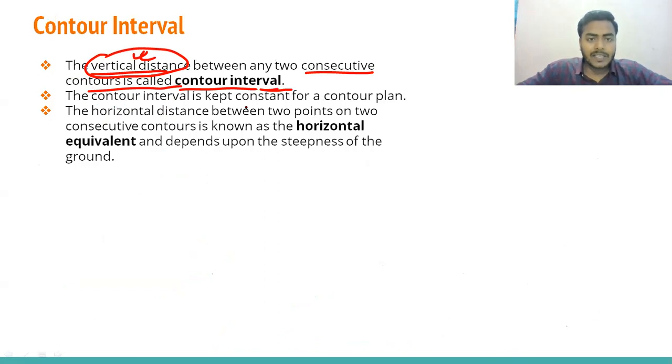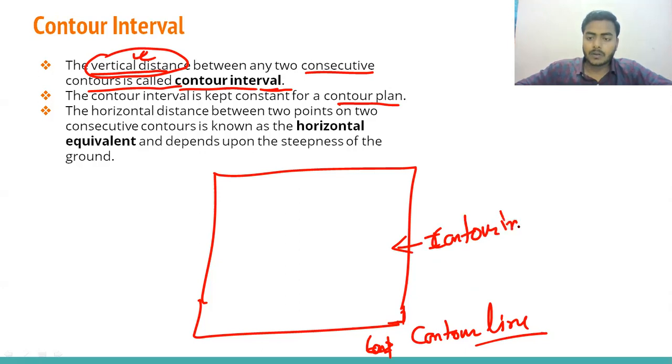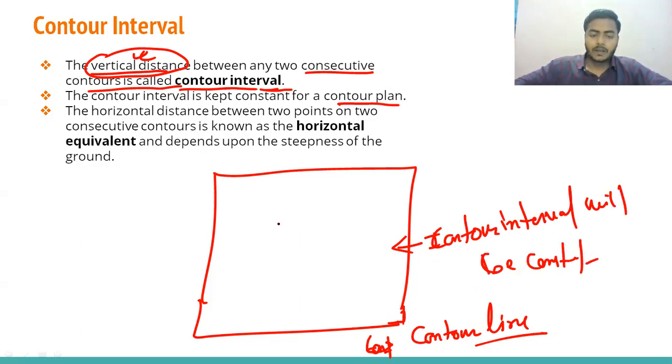Contour interval is kept constant for contour plans. If we are going to draw a contour plan, the contour interval will be constant for this plan. It means we cannot use different values of contour interval in a single contour plan, right?